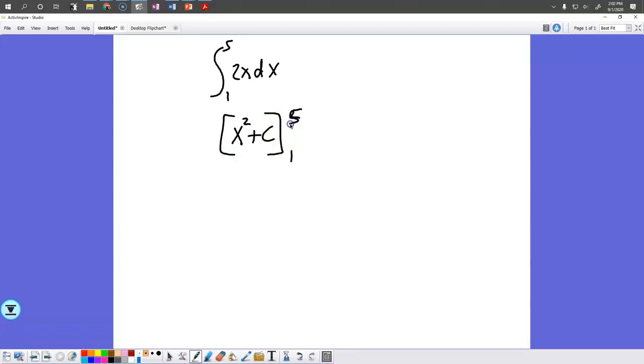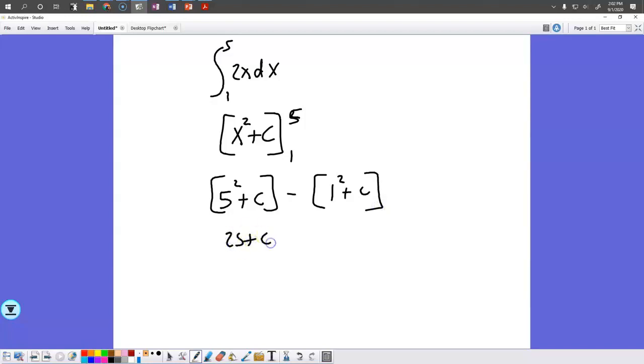So we have our integral, and I included the C. The next thing we do after we integrate it is we plug in the stuff, right? So I have 5 squared plus C minus 1 squared plus C. So we have 25 plus C minus 1 plus C.